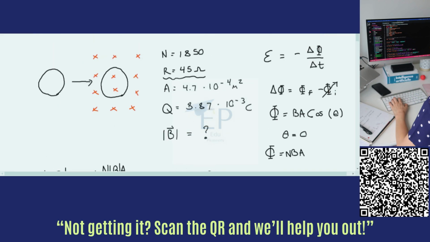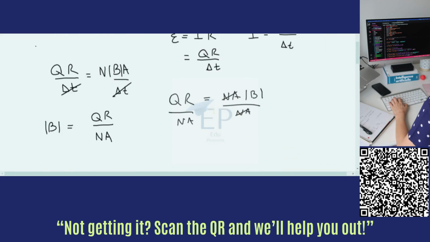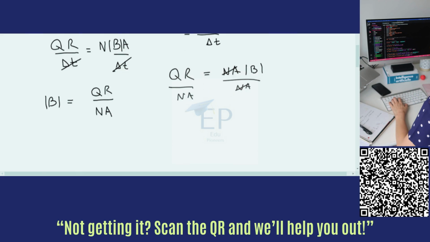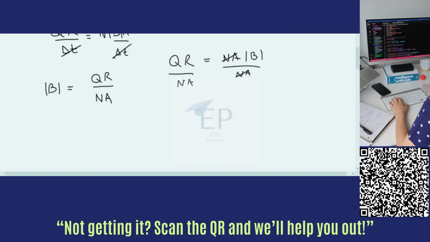We have the charge, the resistance, the area, and the number of turns. So all that's left to do is just plug in our values. And if we do that, we're going to get that the magnitude of our magnetic field is just 0.46 Tesla.